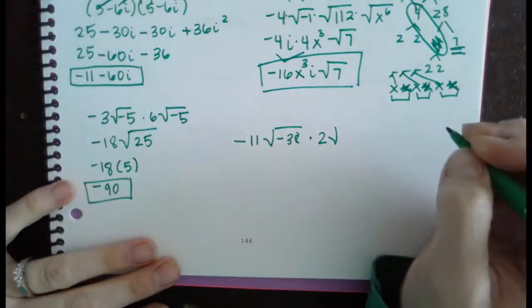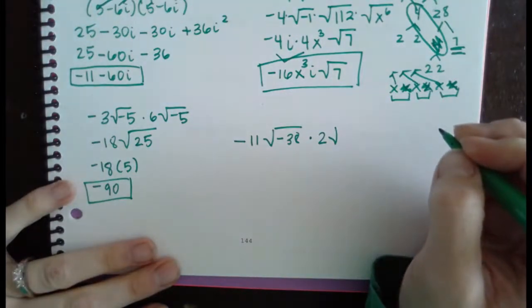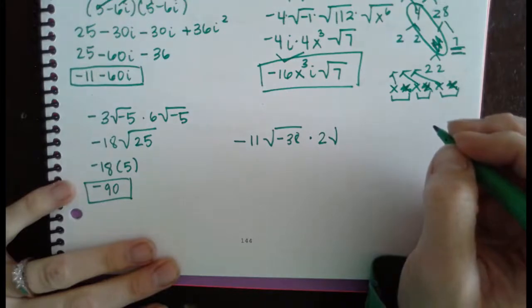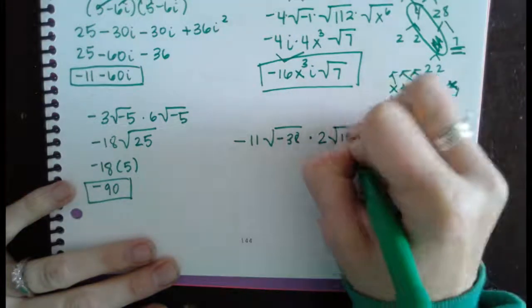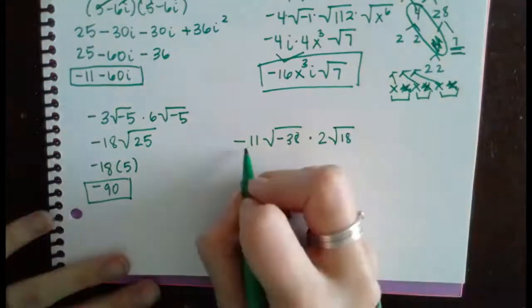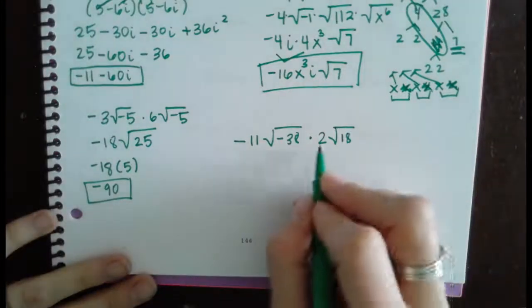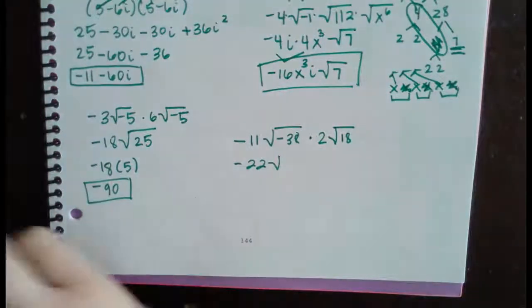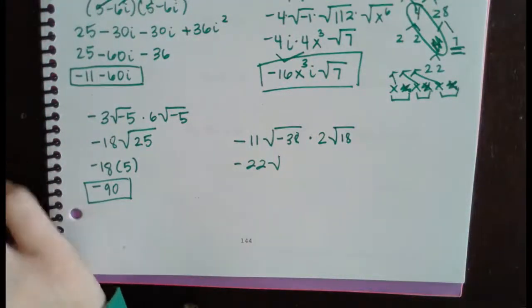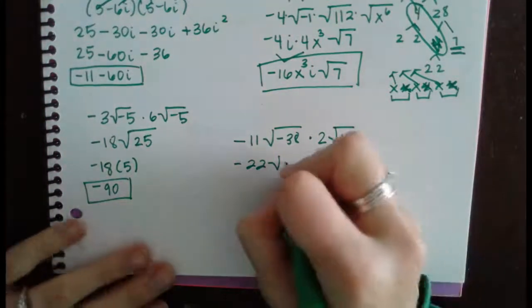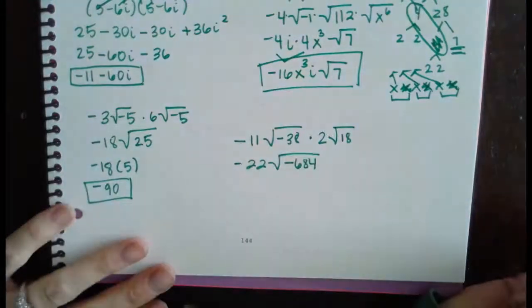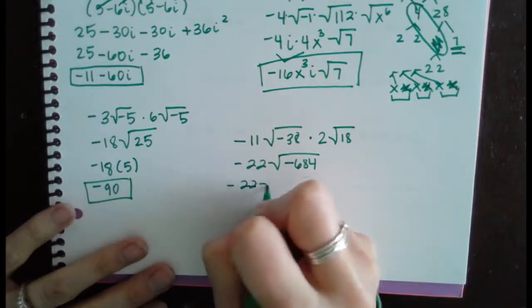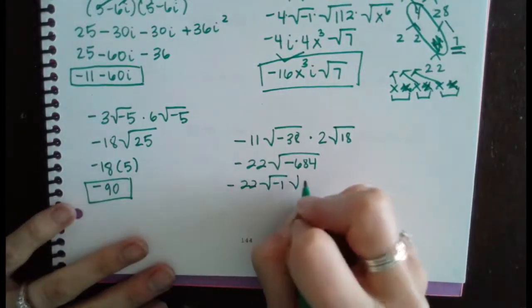Okay, so we have negative 22 times negative 1 times the square root of 684. And we're going to break this up into some smaller factors. 684 divided by 16 is not pretty. 684, let's just divide by 2 then. 342. Maybe we could divide by 8.